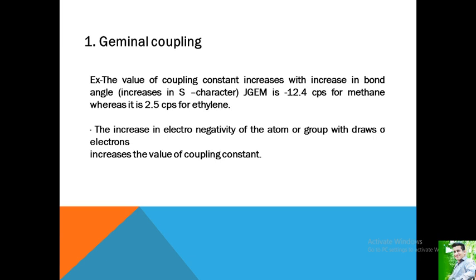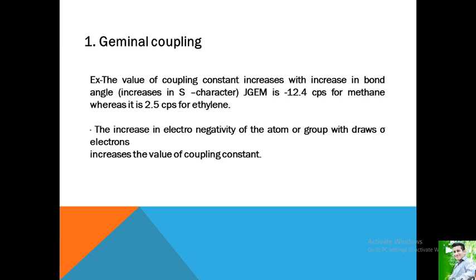If the protons are in different environments, then the coupling is usually strong. When the bond angle is 105, J is approximately -12 Hertz. When the bond angle increases to 109, and widens to 125 degrees, the value of J increases to 0.